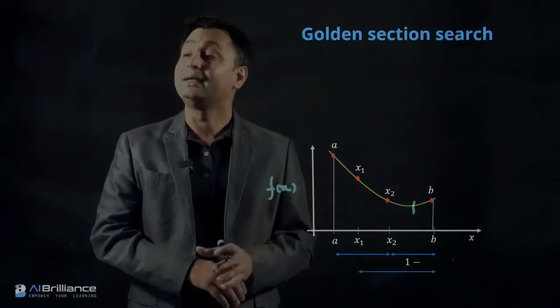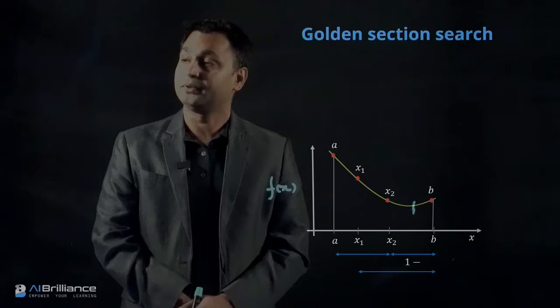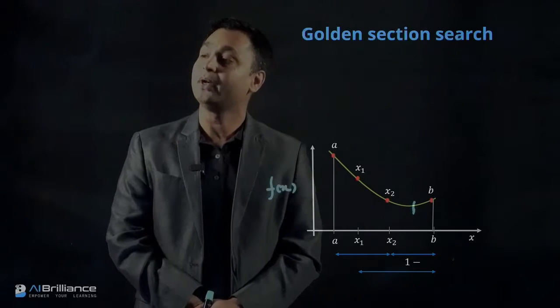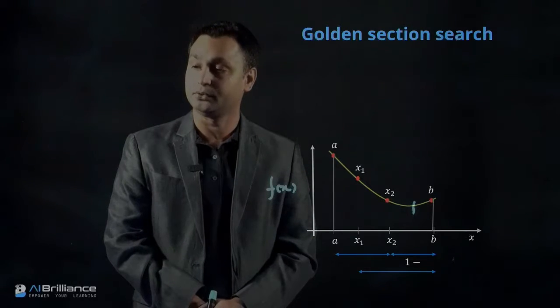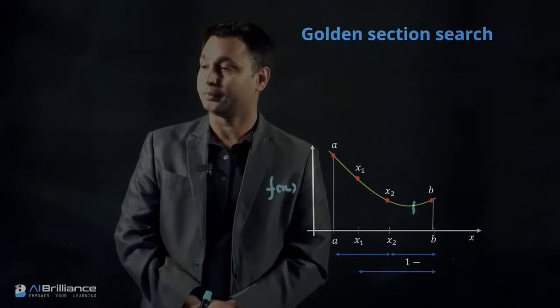Now the idea of the golden section method comes from the golden ratio, and let's see how this golden ratio is typically used in this optimization algorithm.